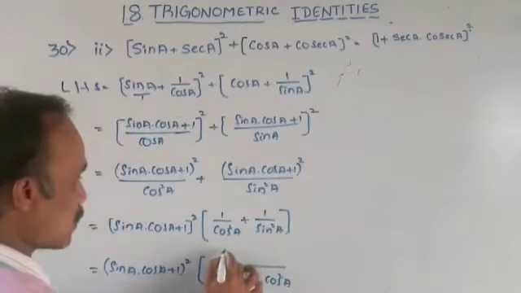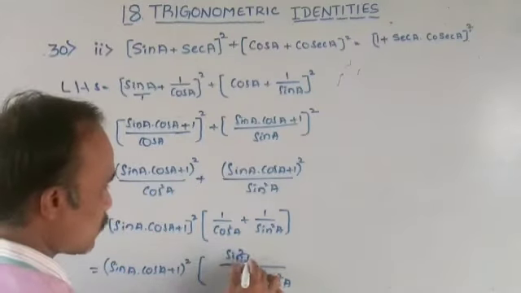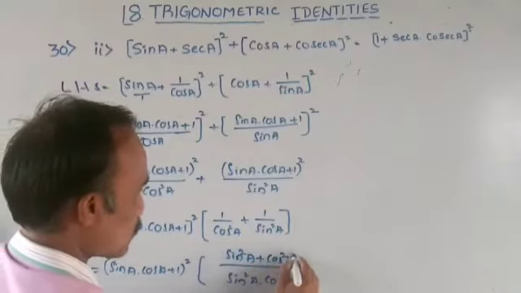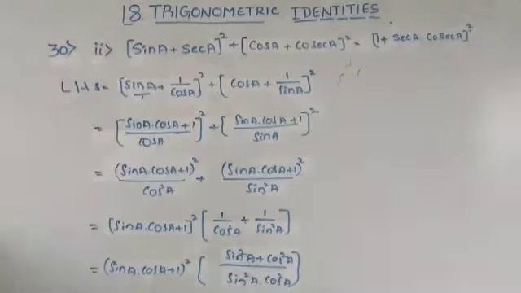So cos square gets cancelled. So what will we get here? Sin square A, plus sin square gets cancelled. So what will we get here? Cos square A.